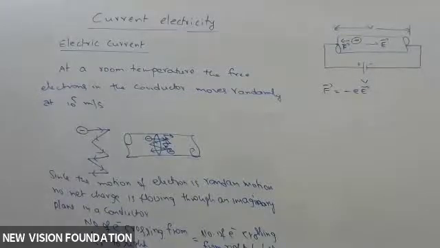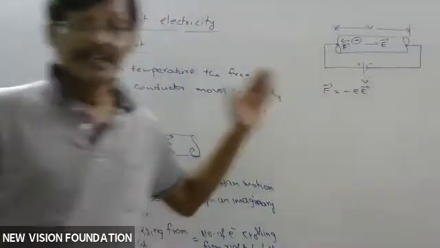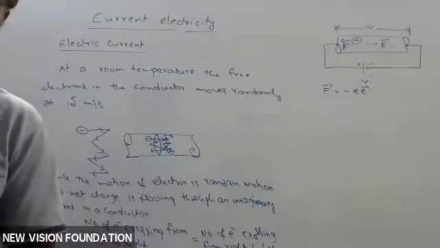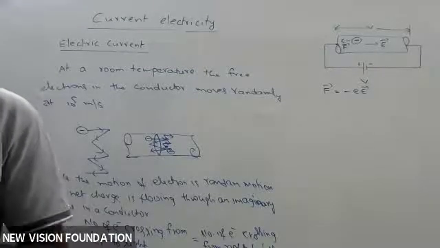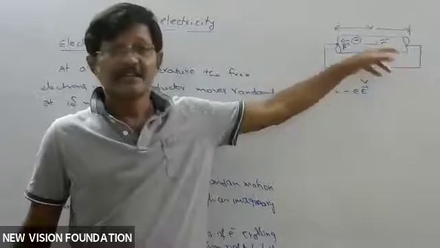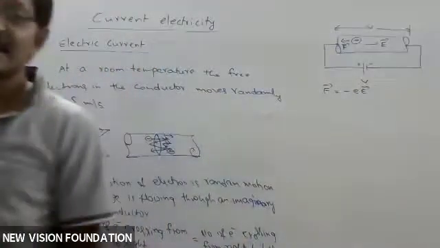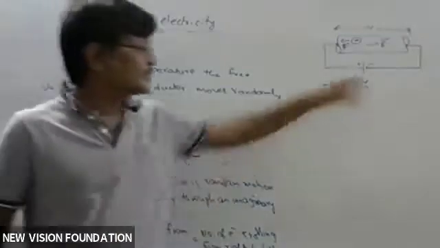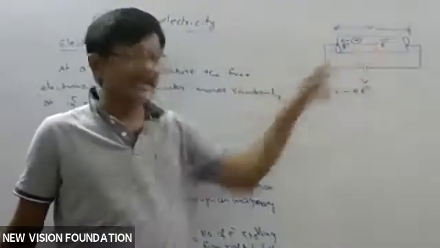Okay, so when the conductor is connected to the terminals of a battery, potential difference is applied across the ends of the conductor. As a result, the electric field is developed within the conductor, and due to this electric field, each conduction electron experiences an electric force which is in the direction opposite to the electric field, or in the direction of increasing potential.